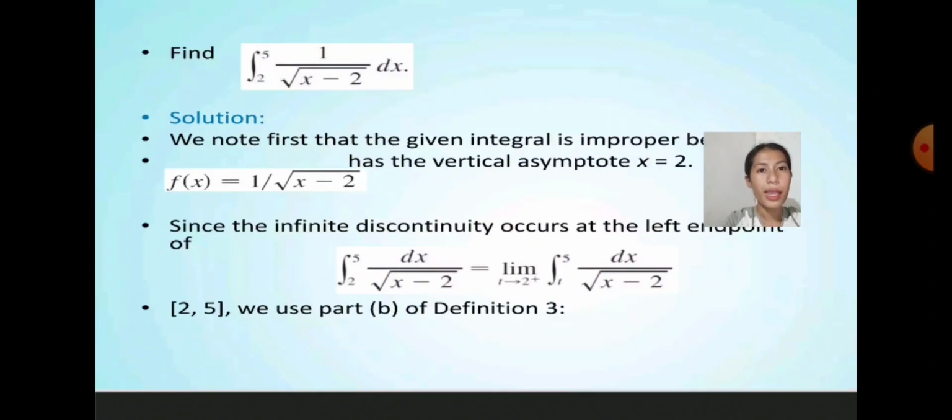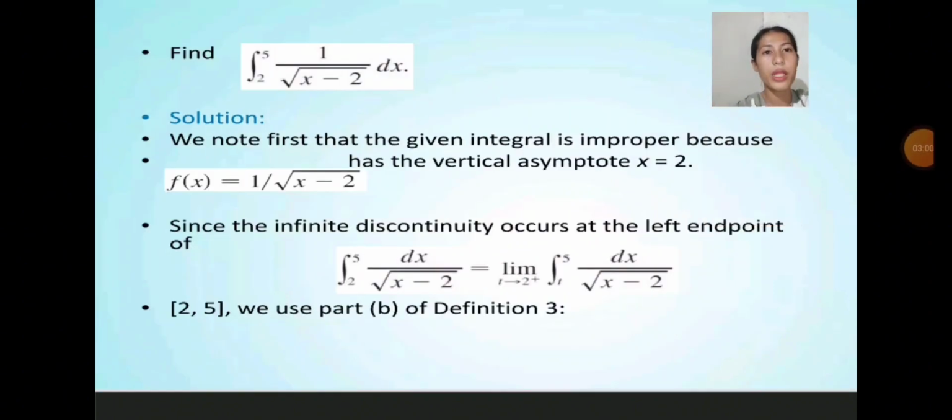Now find the integral of 1 over the square root of x minus 2, dx from 2 to 5. For the solution, we note first that the given integral is improper because it has a vertical asymptote at x equals 2. So f(x) is equal to 1 over the square root of x minus 2.